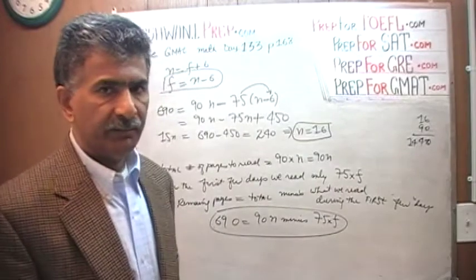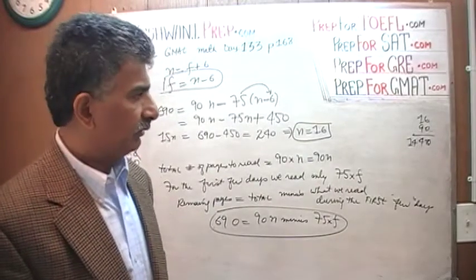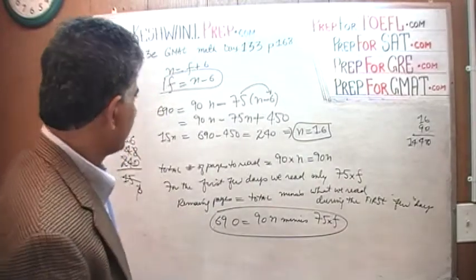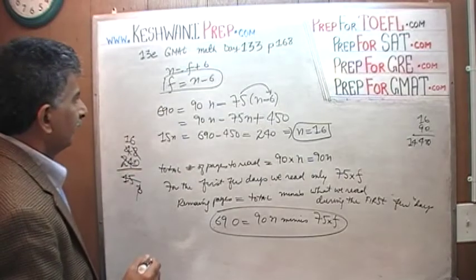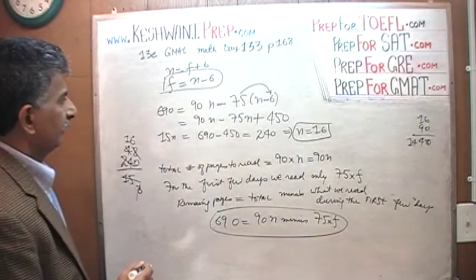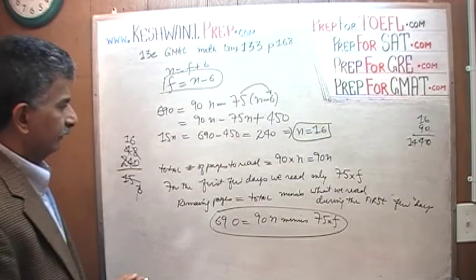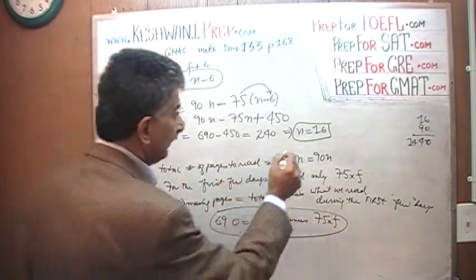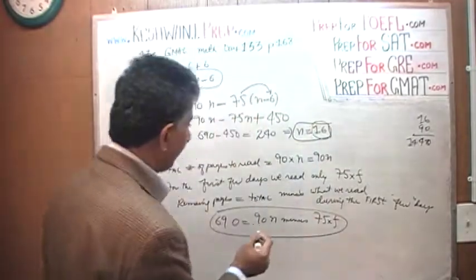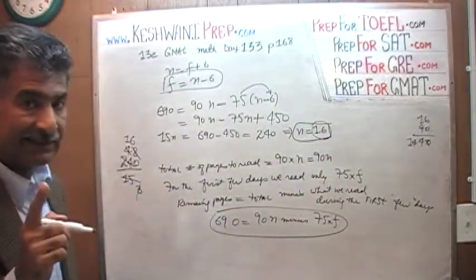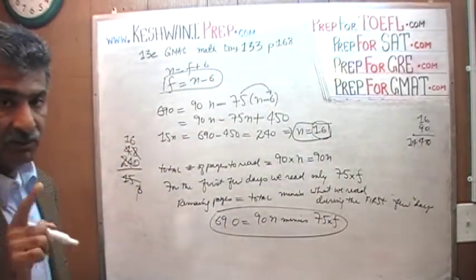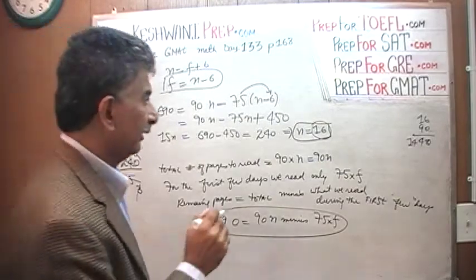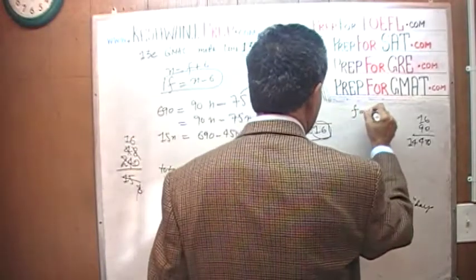So it looks like the number of pages that we had to read was 1,440, of which we are told that we have read 75 pages per day in the first few days. Because we are claiming that n is 16, and we read the remaining pages in the last 6 days, the first few days must be 10.